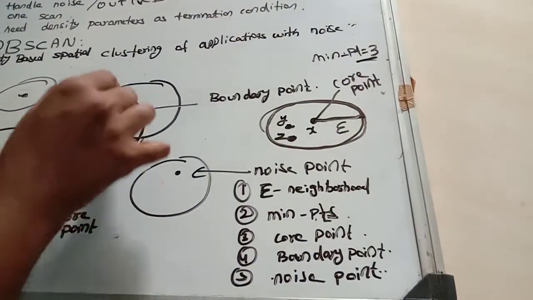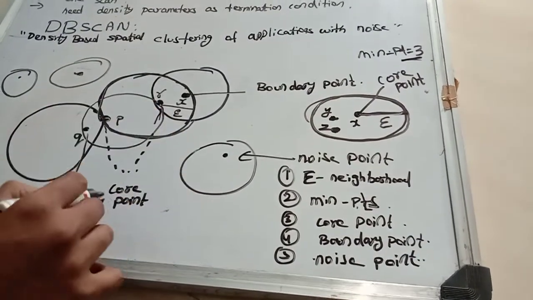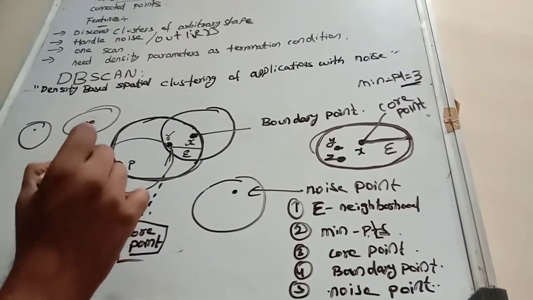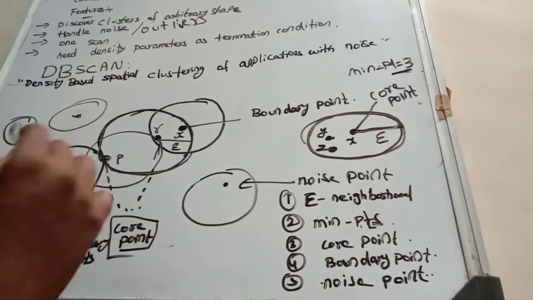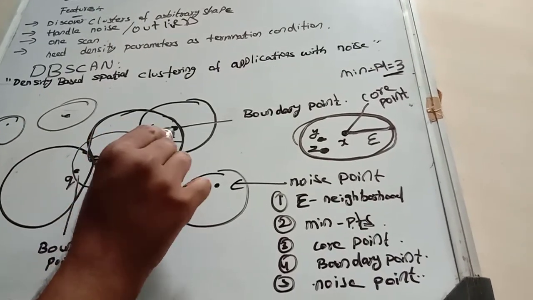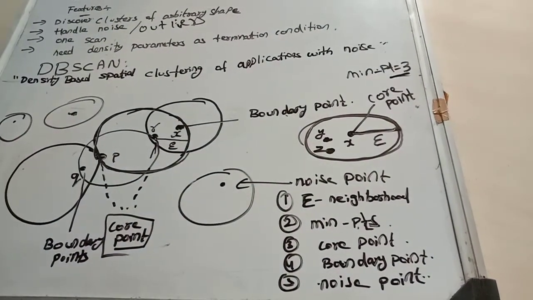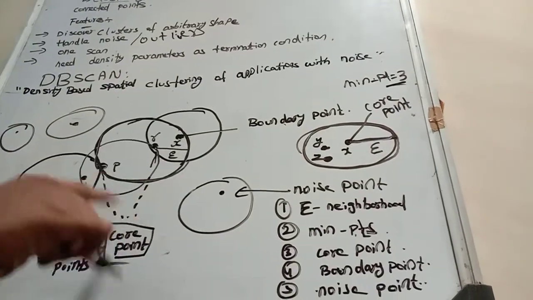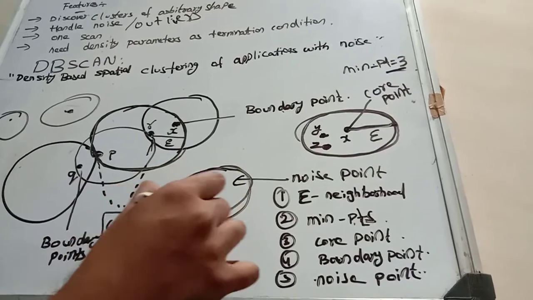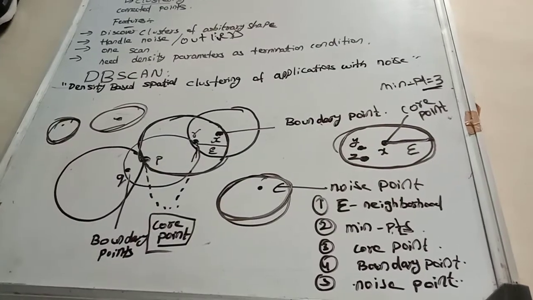If we have minimum points within the circle radius, then we can call this particular point a core point. Next, the data point which is near to the core point, we can call a boundary point. The data point which is outside the circle, which does not form part of any circle, we call a noise point. This is one example of a noise point, and this is one more example.